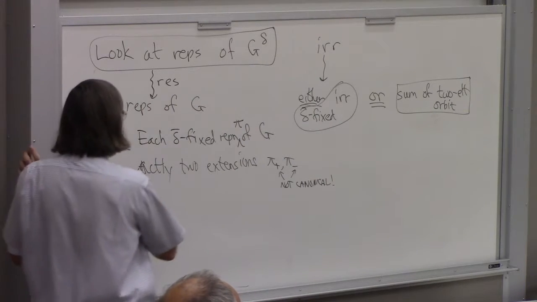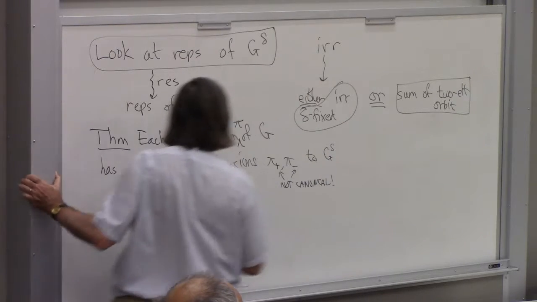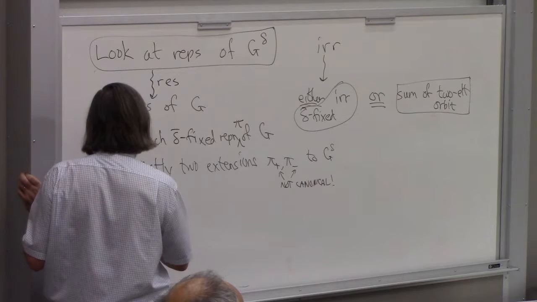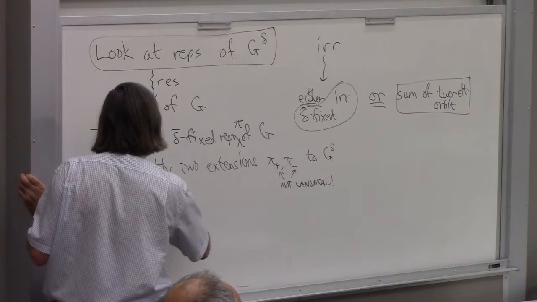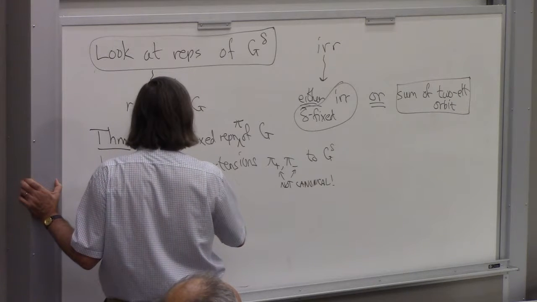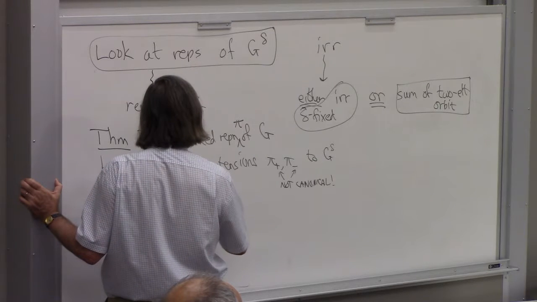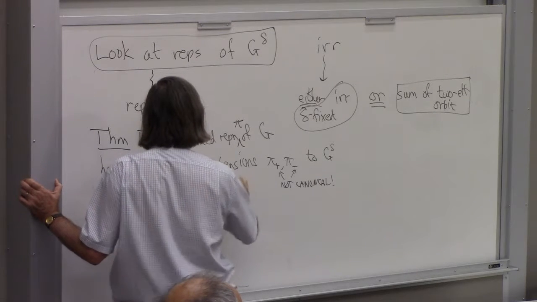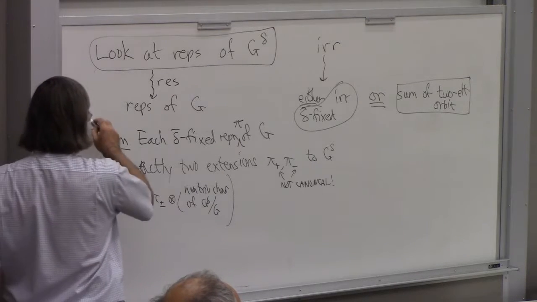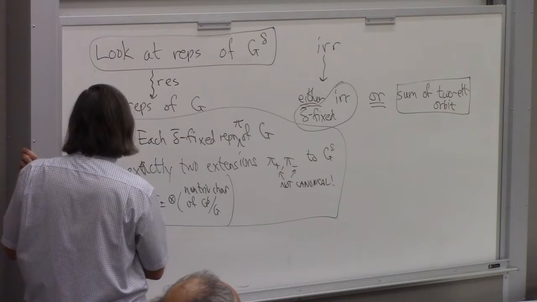Two extensions, pi plus and pi minus, to G delta, and pi minus or plus is pi plus or minus tensor with the non-trivial character of G delta over G. Z mod 2Z has this one character. So that's some representations.